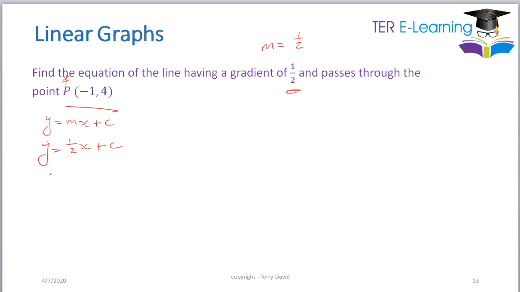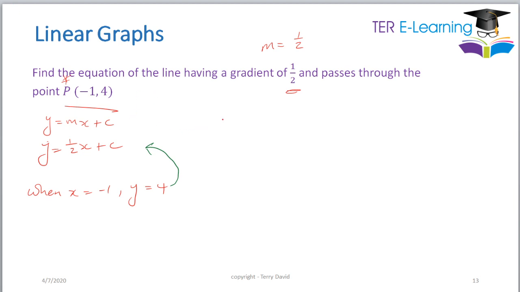So what we're going to do, we're going to say when x equal to minus 1, right, y is equal to 4, right? And then I'm going to take those two values for x and y and substitute them into this equation, right? Because if I substitute it there, then I'll be able to find the equation.